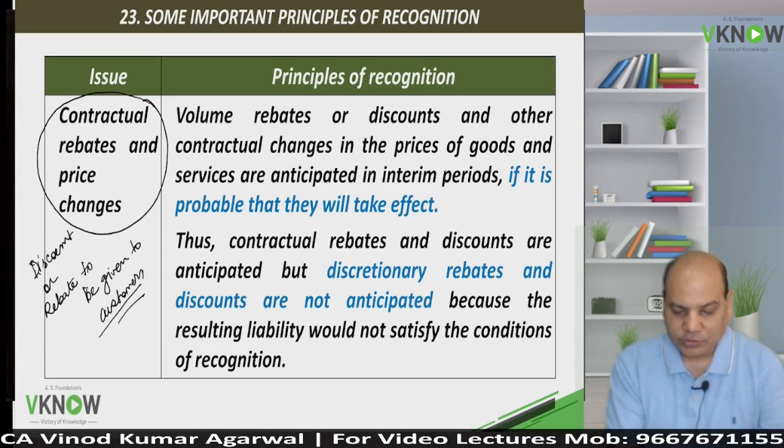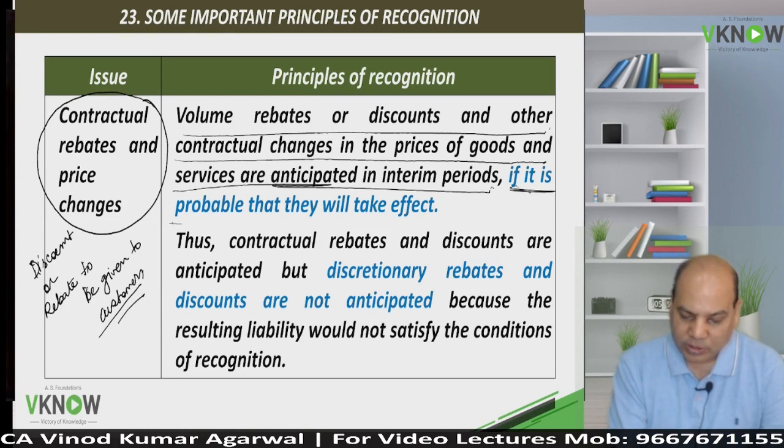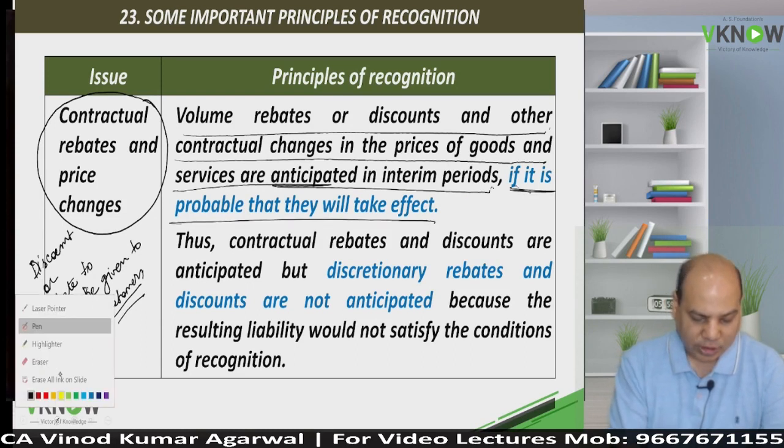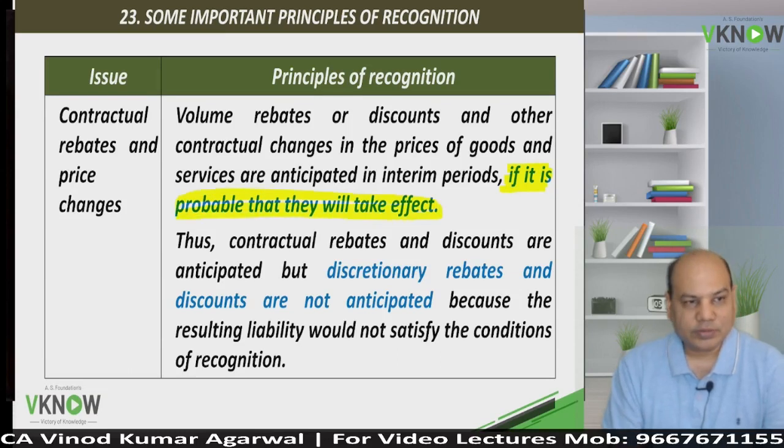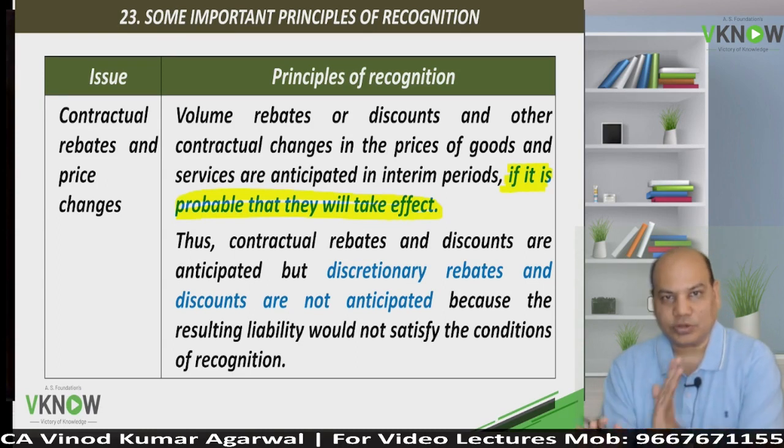So the answer is volume rebates or discount and other contractual changes in the price of goods and services are anticipated if it is probable that they will take effect. Very, very important that you can make provision for discount, rebate if it is probable that they will take effect, because he has already purchased the goods.